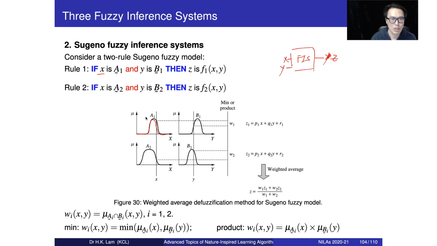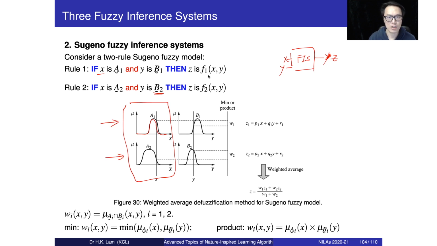This is for x. So this is A1, the membership function, A2 right here, and B1 is the membership function, B2 is the membership function right here. This is for rule 1, and this is for rule 2.